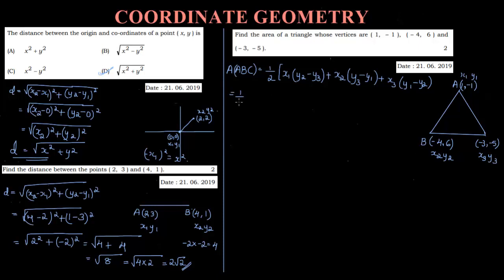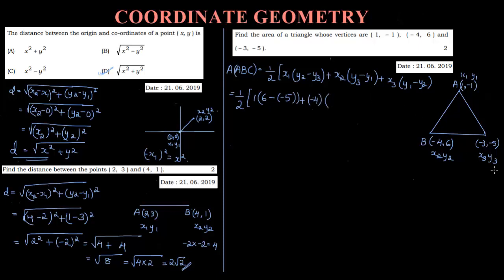So what I'm going to get here, 1 by 2 x1 value, it is 1 into y2, you can observe here, it is 6 minus y3 which is minus 5. So let me just write it in one more bracket, plus x2 is here, that is nothing but minus 4.